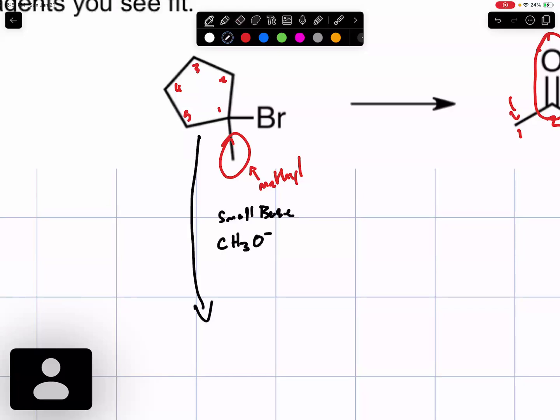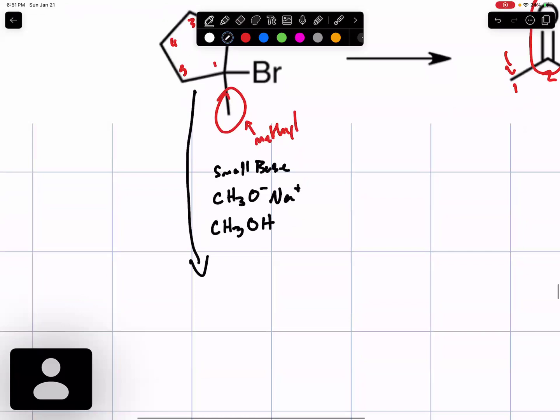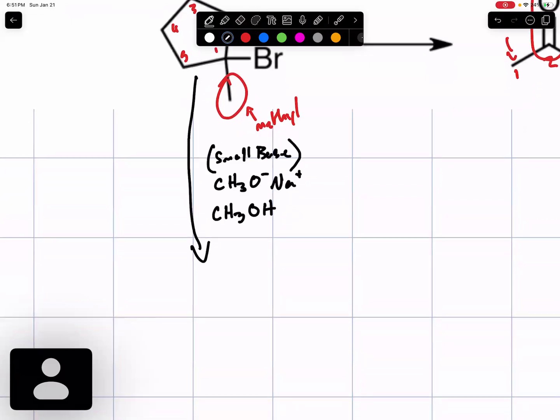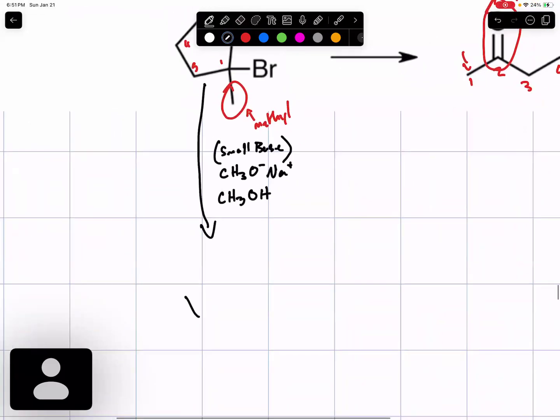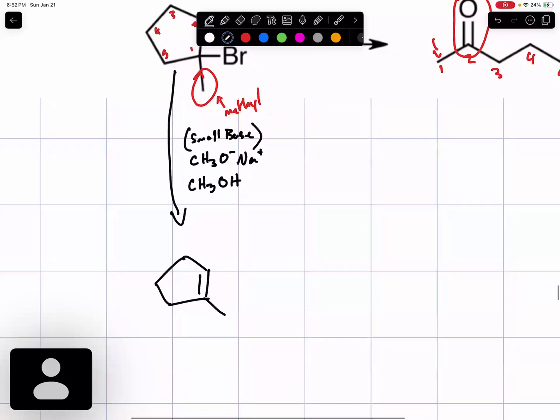So something like this and a solvent like methanol. Okay, so using a small base, we would get this product.